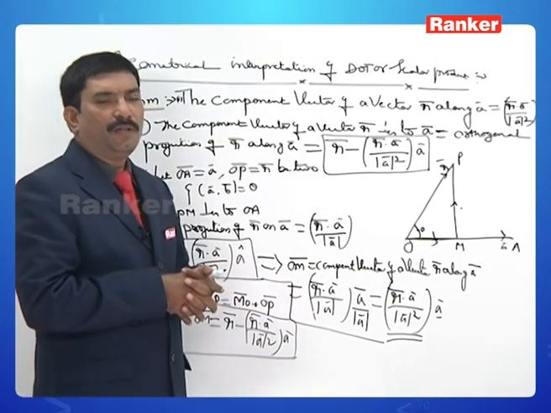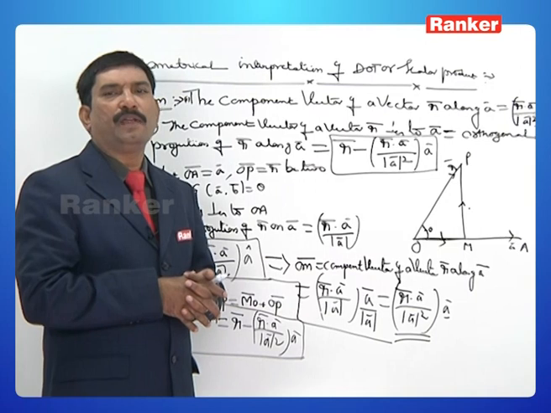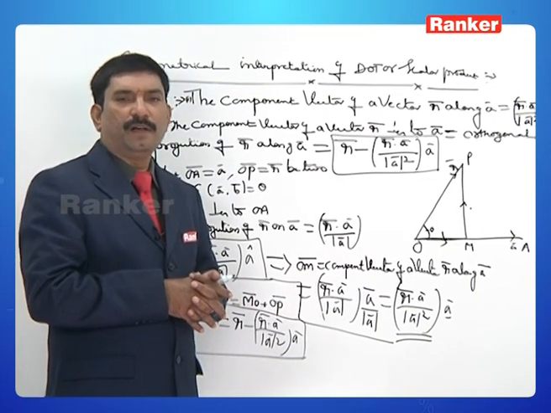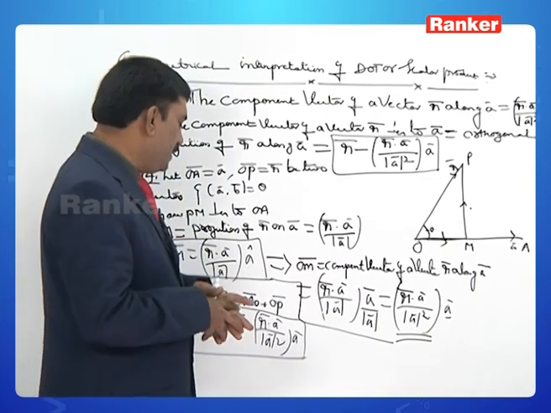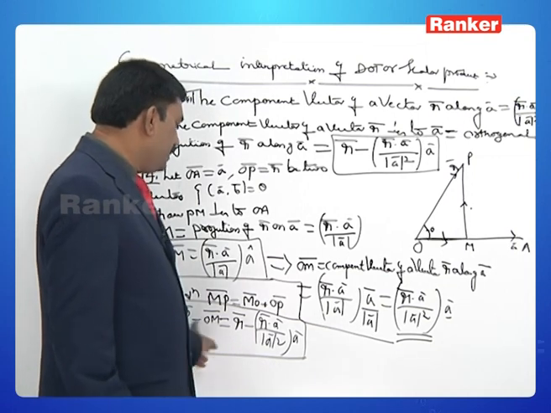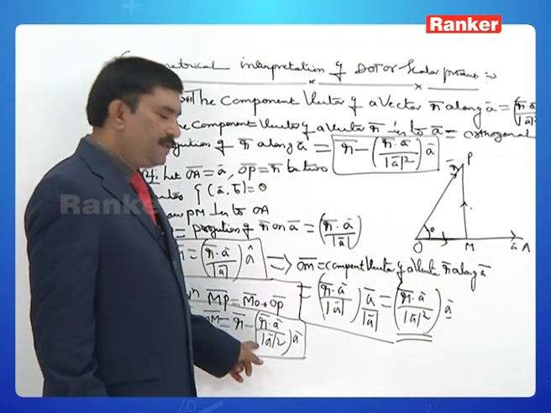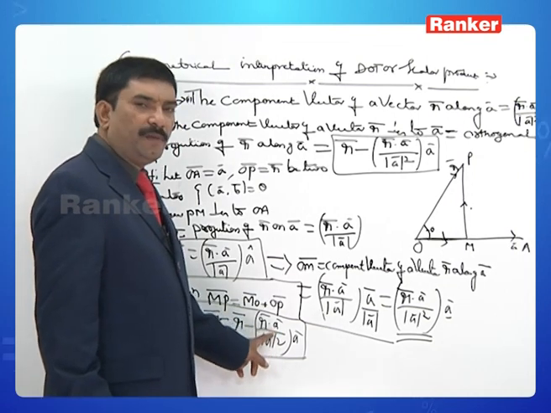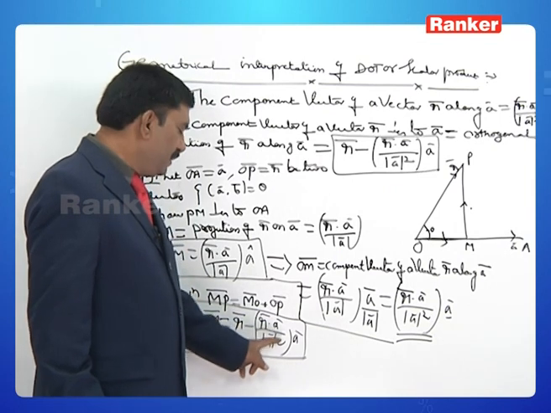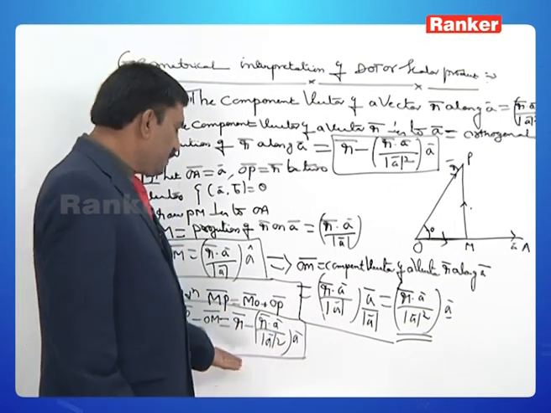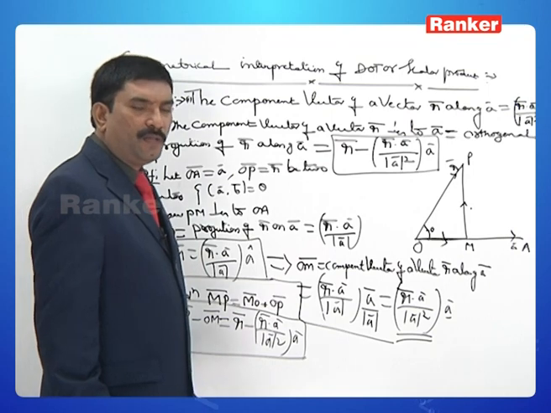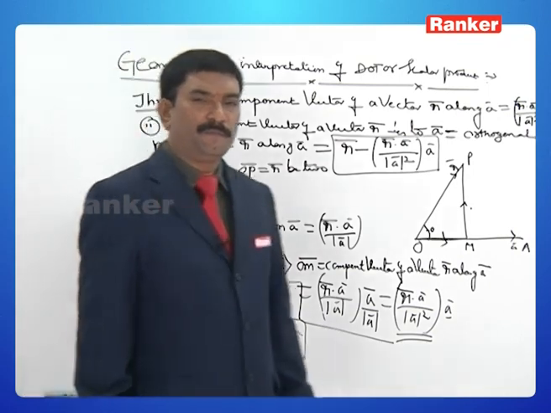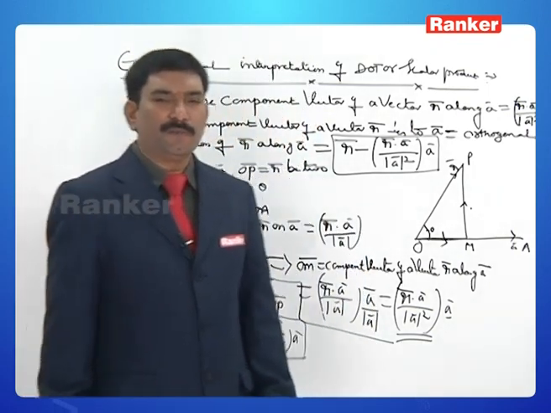Hence MP bar is equal to R bar minus (R bar dot A bar by modulus of A bar whole square) into A bar. This is known as the orthogonal projection.